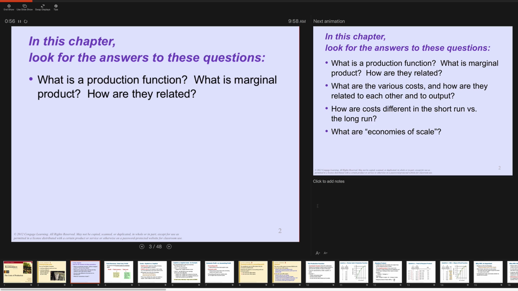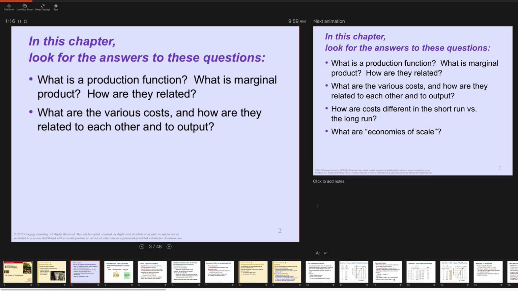All right. So we're going to define production function. What's marginal product and how are they related? If you're going to sit for the AP exam, marginal products will be everywhere. What are the various costs and how are they related to each other and to output?